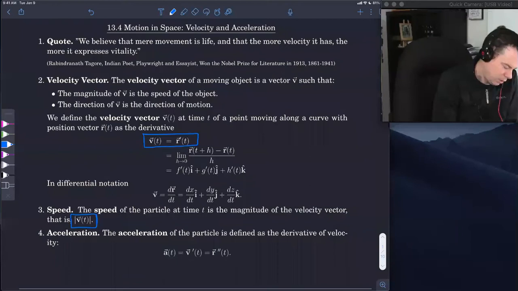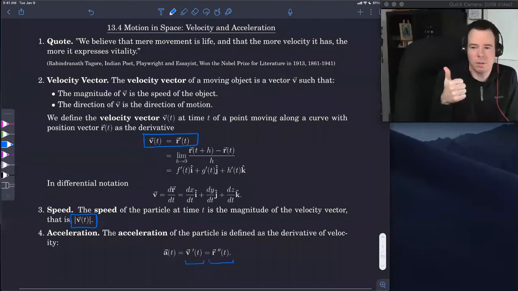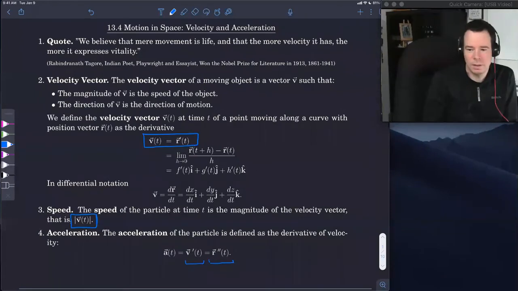So the acceleration is just the derivative of the velocity, as usual. But since the velocity was the derivative of the position function, then acceleration is the second derivative of r. Okay, so those are our ideas. Now, r is the position of a particle, its derivative is velocity, and its second derivative is acceleration.